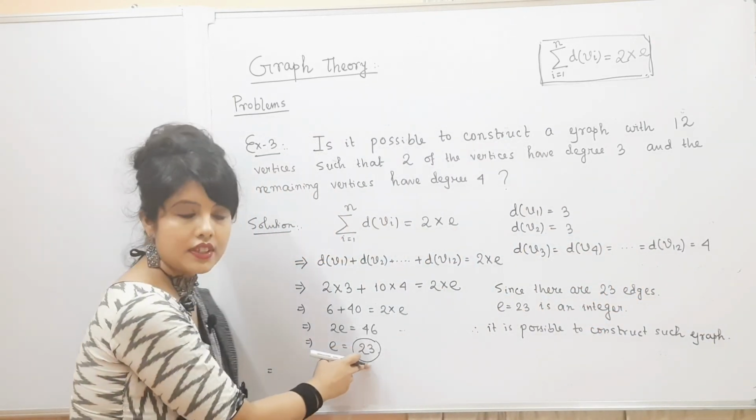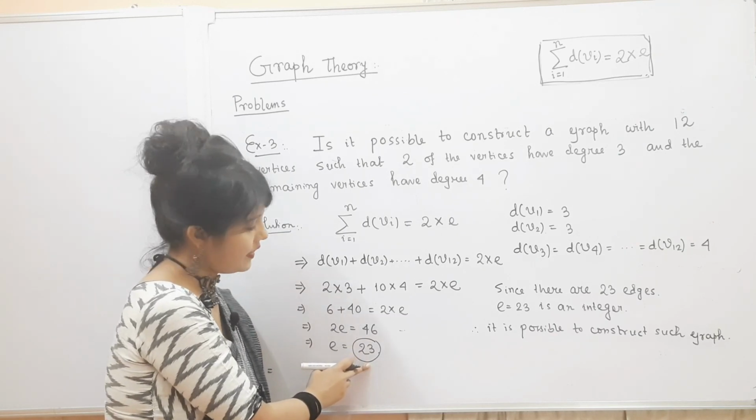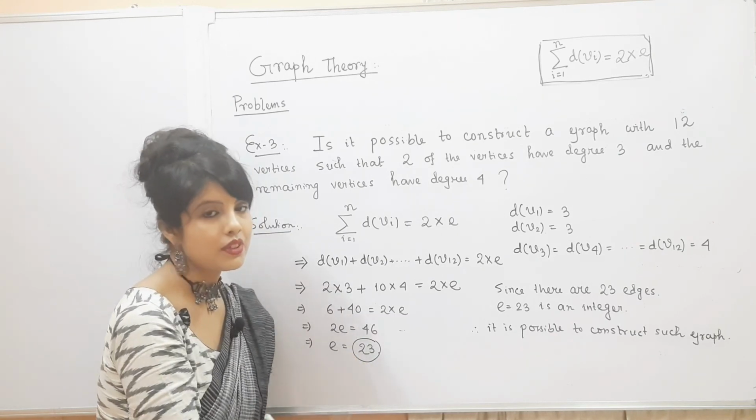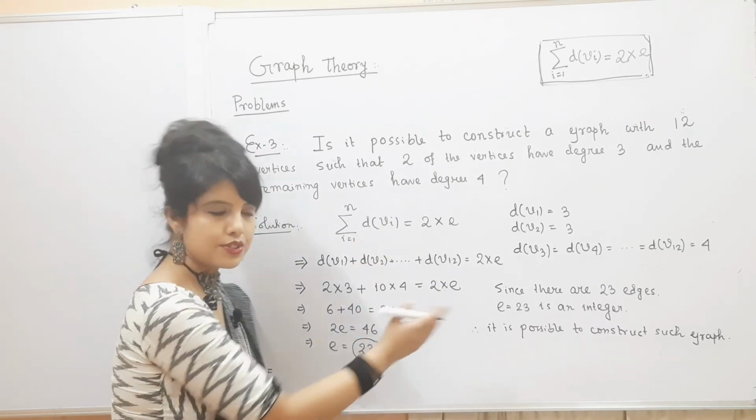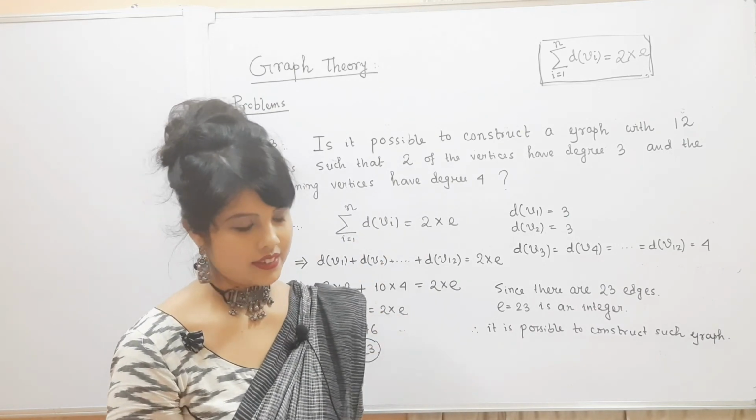If it is not an integer, then it would not be possible to construct a graph. According to the question, it is an integer, so it is possible to construct a graph.